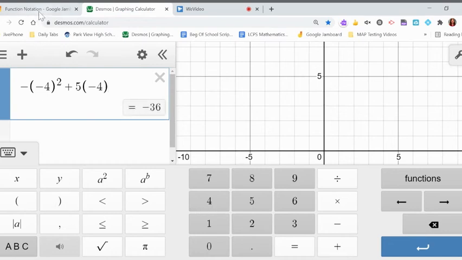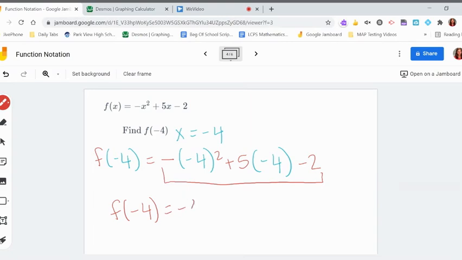Okay, and then my last part was a minus 2. Okay, and I get negative 38. Okay, so again, this was my input. This is my output. And you can always write it as an ordered pair, negative 4, negative 38.